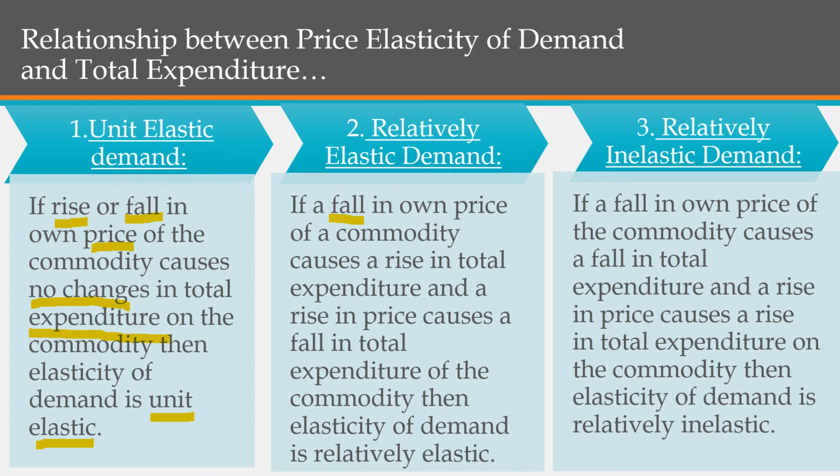If a fall in own price of a commodity causes a rise in total expenditure and a rise in price causes a fall in total expenditure of the commodity, then elasticity of demand is relatively elastic.